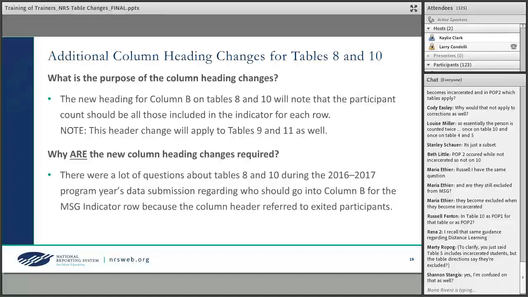But the outcomes on Table 10 are not tied directly to the statewide performance report. What is tied directly to the statewide performance report is Table 5, which includes all participants. But Table 10... Table 4, you mean, Jay?